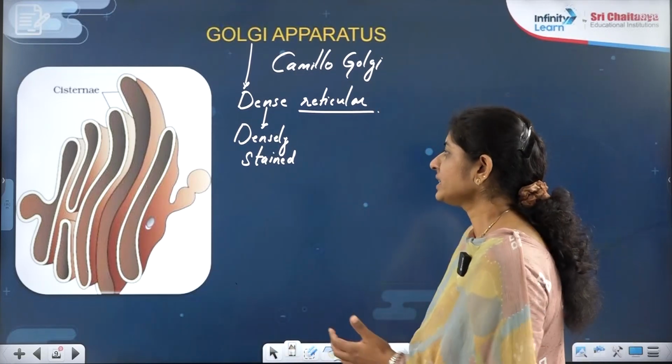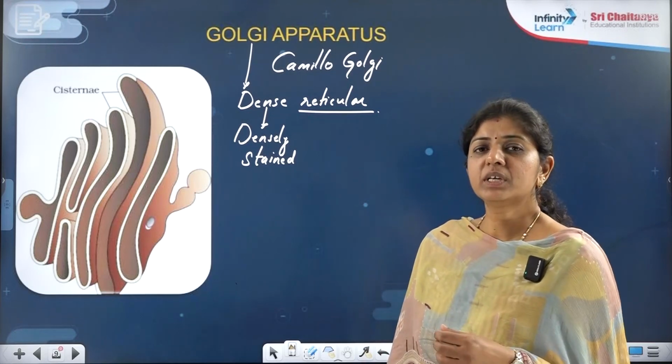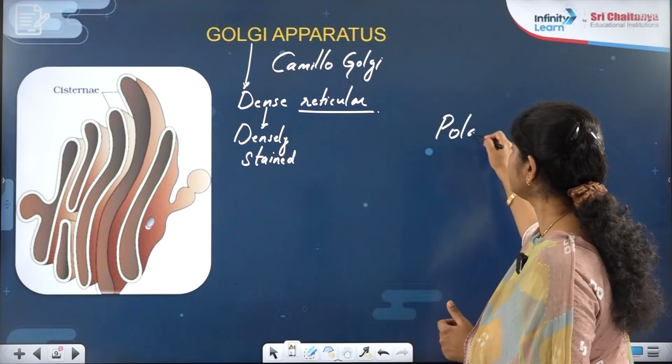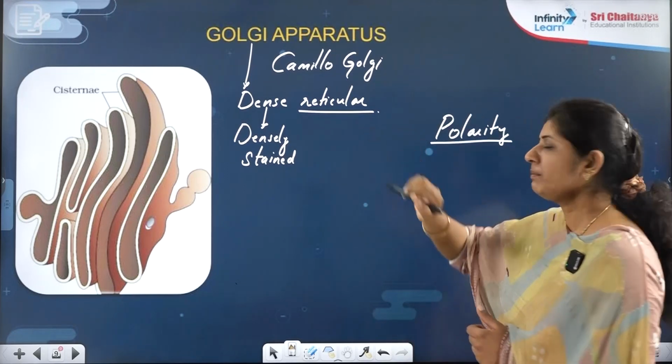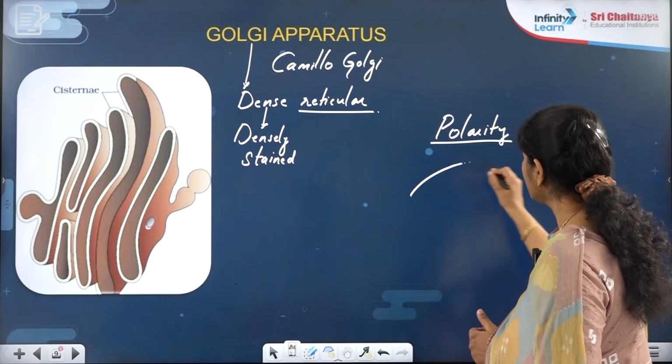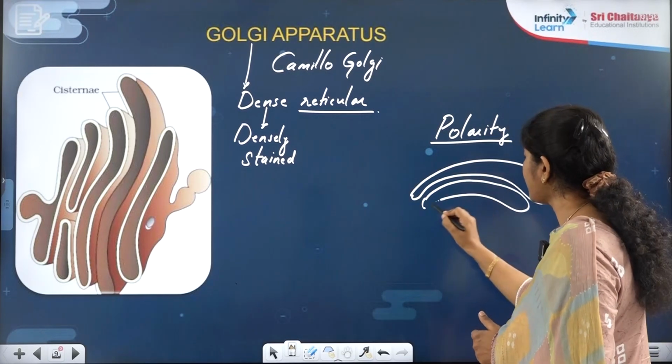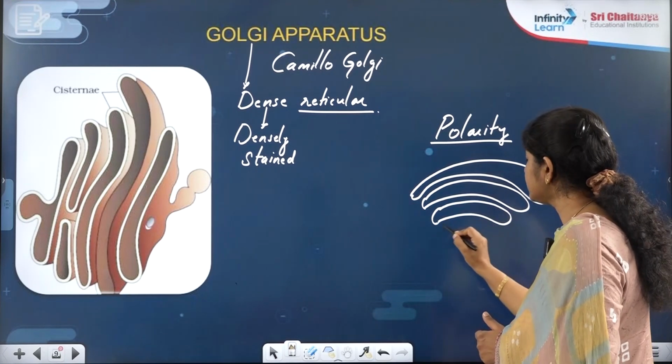Now do remember the next thing, what is the function of these Golgi bodies? For this one thing you should know, it is showing polarity. Polarity means their cisternae will bulge like this and membrane to membrane like a flattened sac.